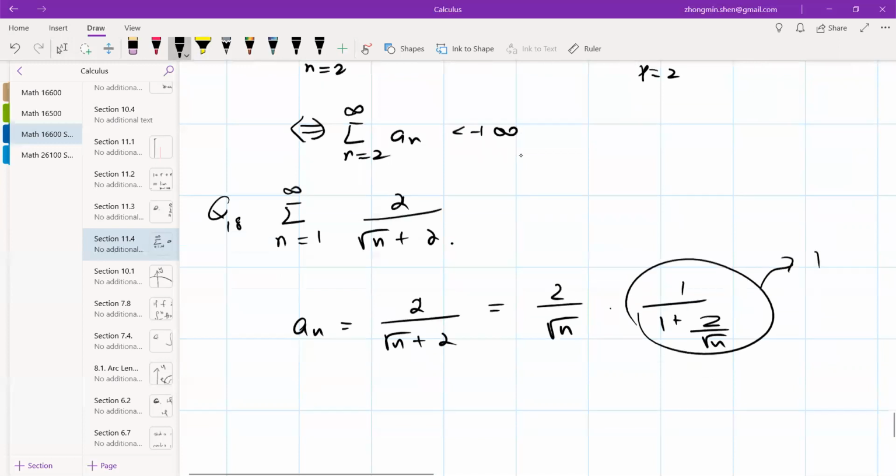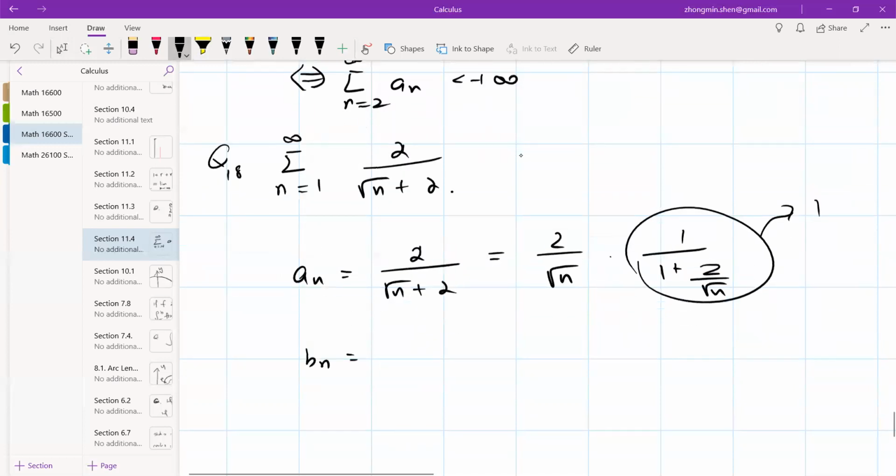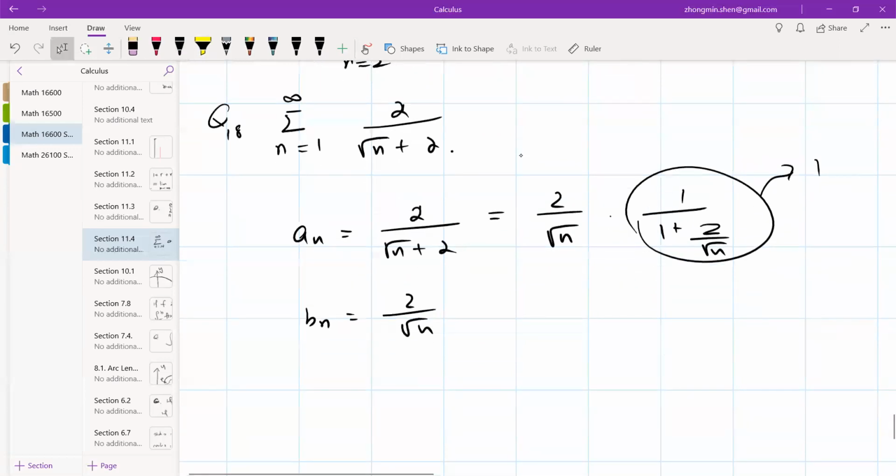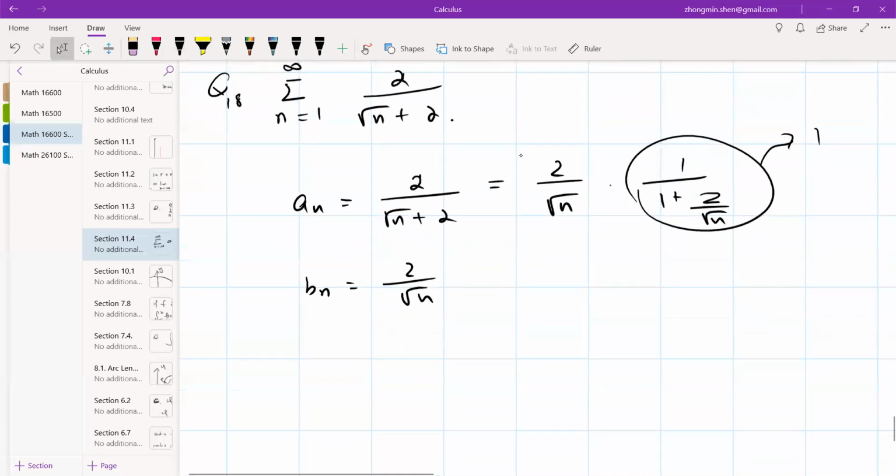Okay, so then you just use b_n. Right? So drop unnecessary terms. Then you compare that. The limit is always equal to 1 if you're doing it like that. So the convergence of sigma a_n is the same as the convergence of sigma b_n. So we know it's guaranteed a_n over b_n is going to be always 1.